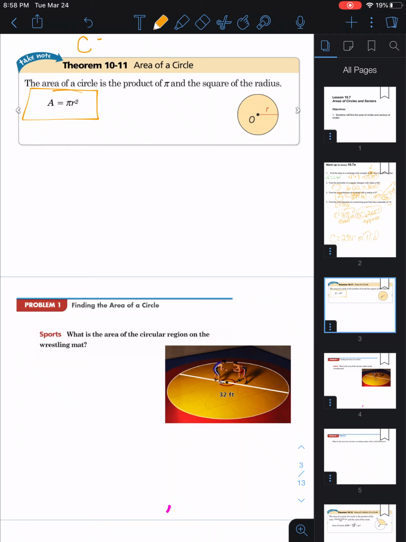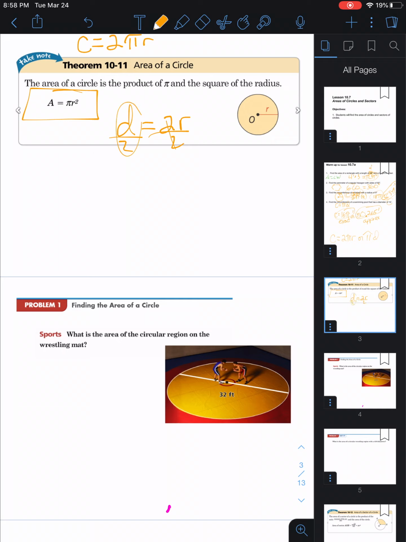So circumference equals 2 pi r, and then our area is pi r squared, r being the radius. If you're given a diameter, since the diameter equals 2r, you would have to take the diameter and divide it by 2 to get r.